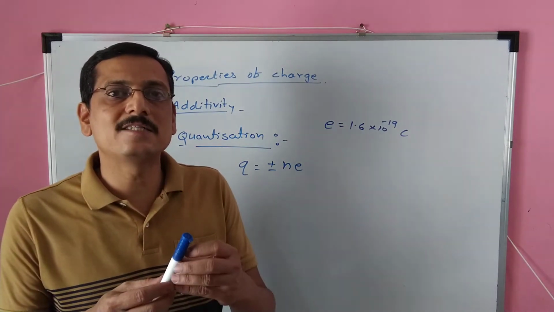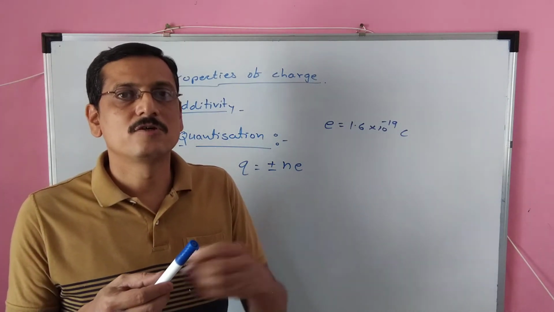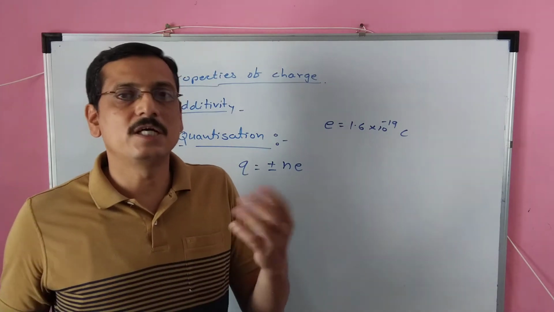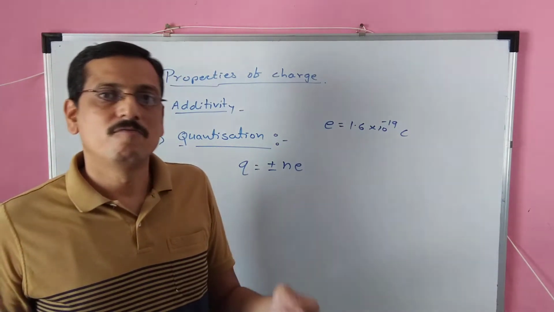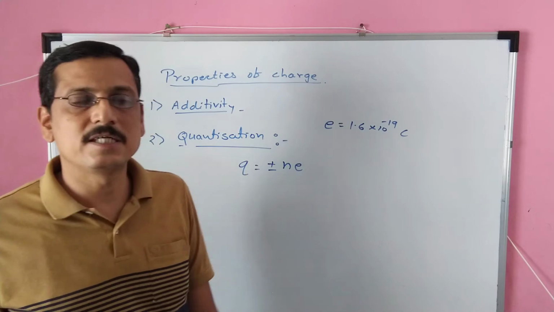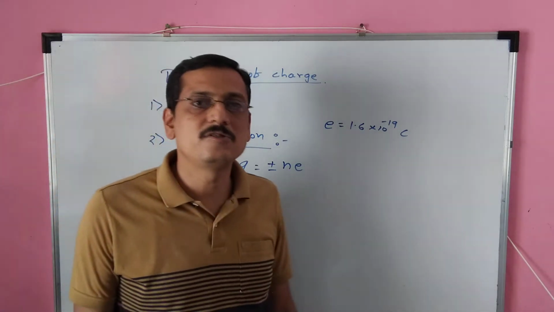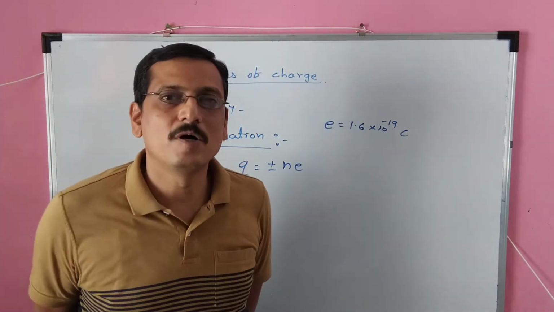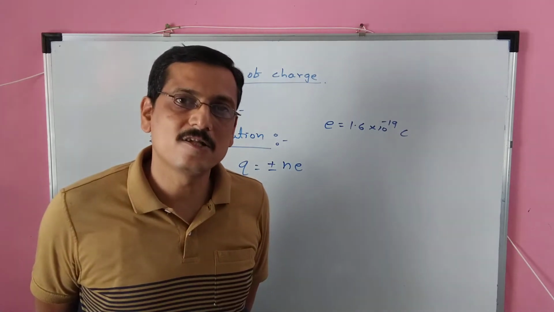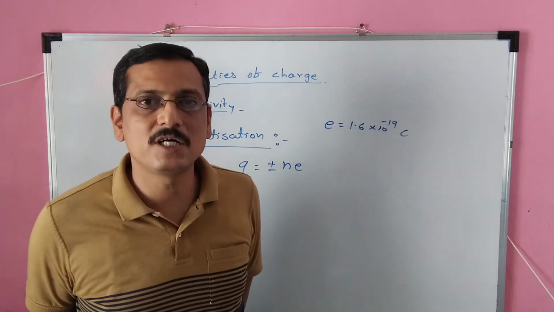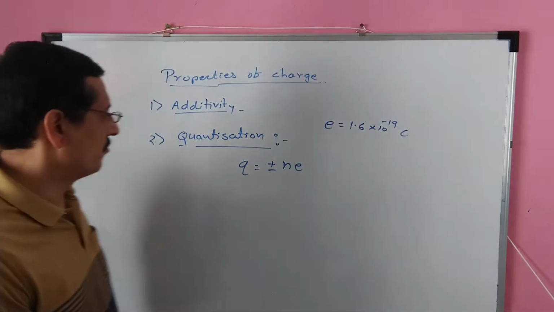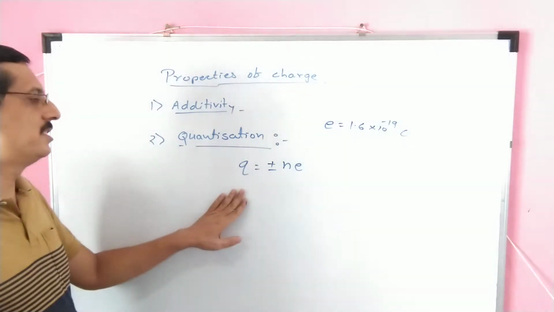So if a body has lost 10 electrons, what is the charge of that body? n is equal to 10, into e, 1.6 into 10 to the power minus 19, that is 16 into 10 to the power minus 19 coulomb will be the charge on it, and it has lost electrons, so it is positively charged. Okay student, so this is about the quantization property.